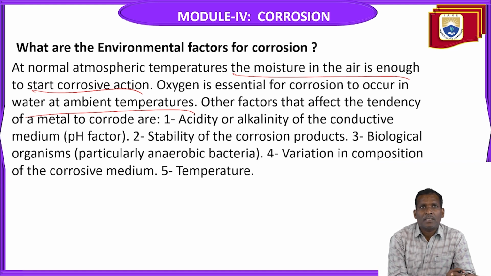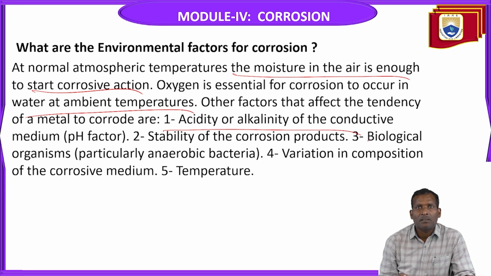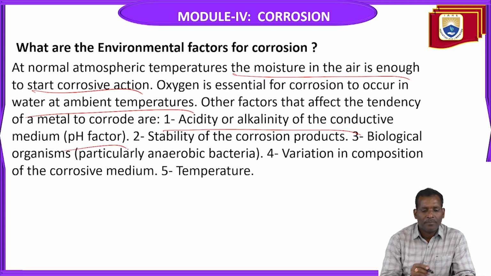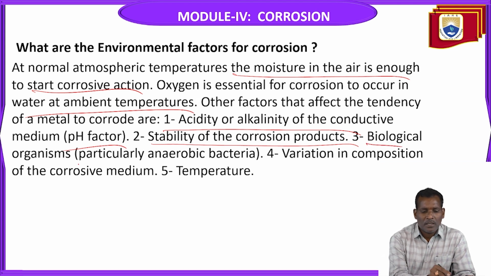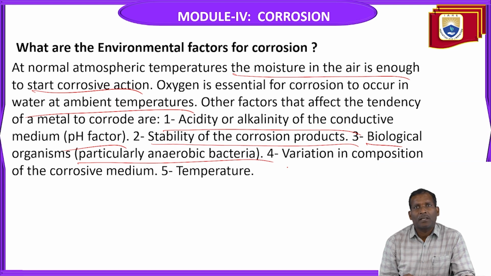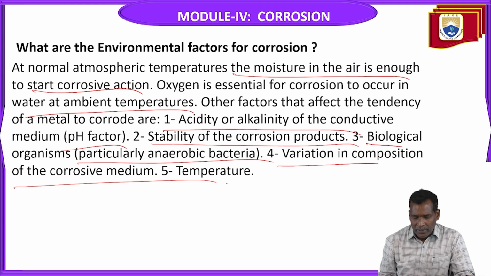Other factors are the acidity or alkalinity of the conductive medium, that is the pH factor; stability of the corrosion products, which we have already seen in the previous slides; and biological organisms, particularly anaerobic bacteria; and variation in the composition of the corrosive medium and temperature.